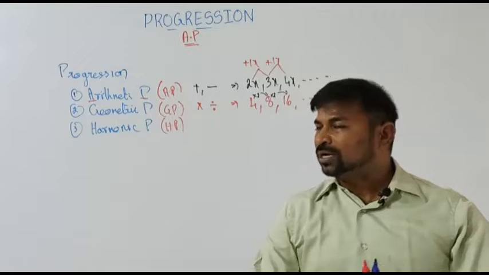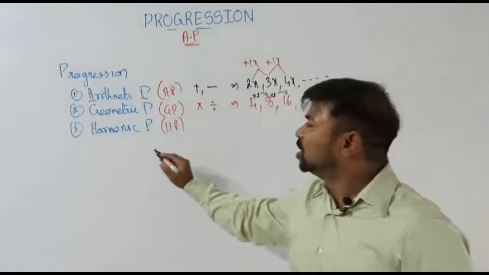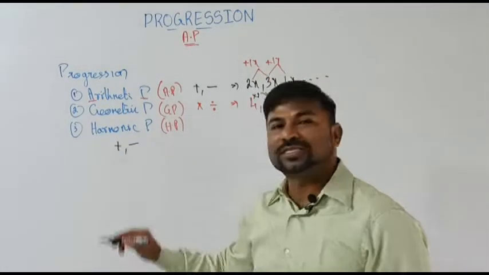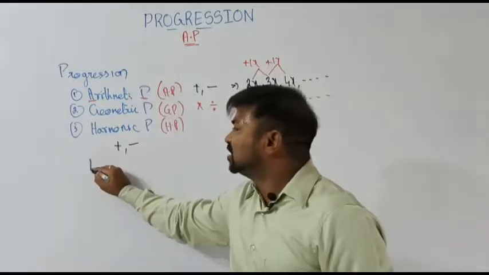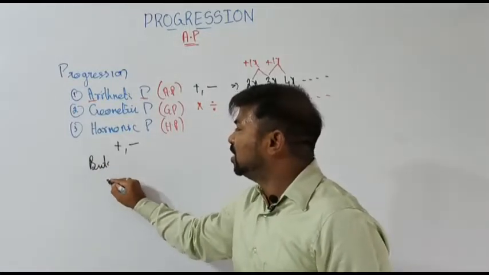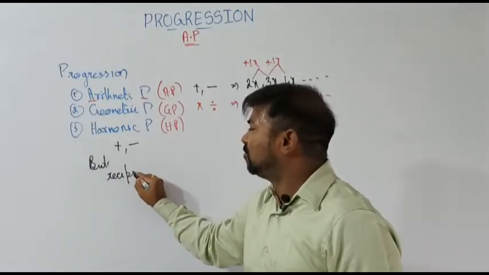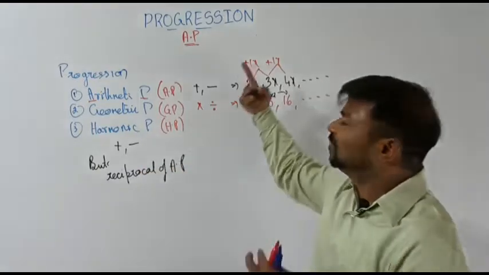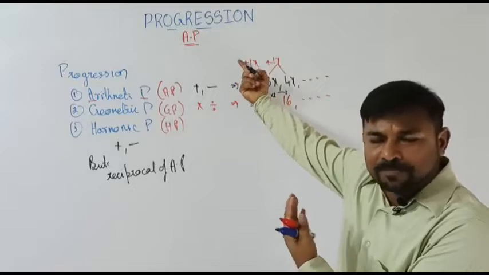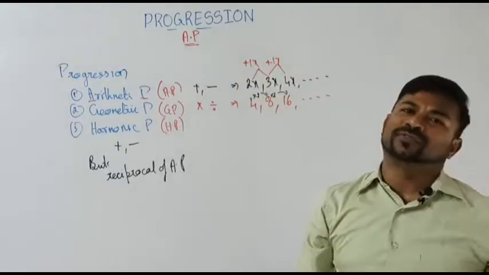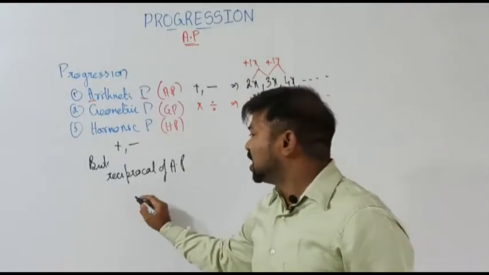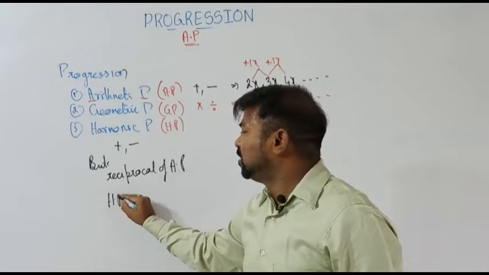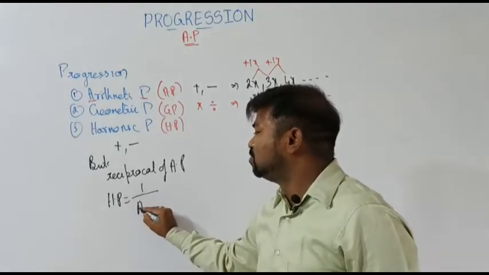Then now the last one, harmonic progression. Of course, it also deals with addition and subtraction, but it is the reciprocal of AP. Whatever is there in AP, the reciprocal of that is nothing but HP. That is, HP equals 1 by AP.